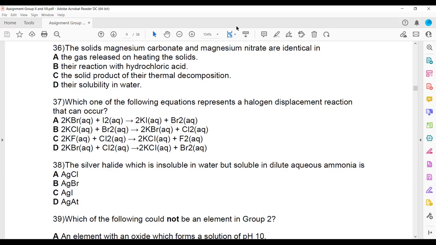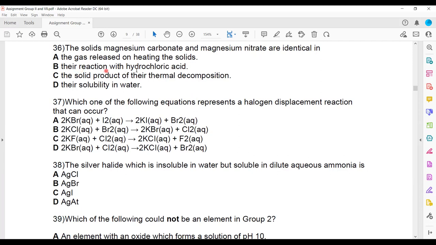But if magnesium nitrate is heated, it will give nitrogen dioxide, like a metal oxide plus nitrogen dioxide plus oxygen. So it won't be the same. The type of the gas which is released won't be the same.